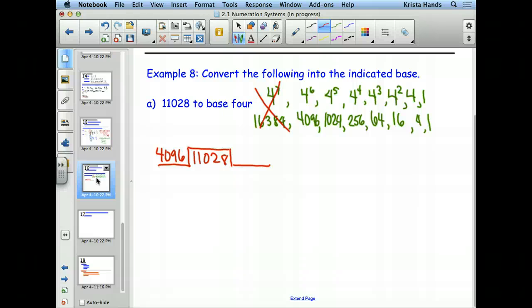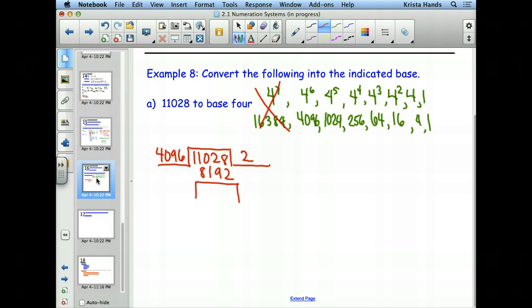Twice. It will go in twice. So we're going to put the number 2 here on the right. Okay. The next thing we're going to do is take that number 2 and multiply by that number 4096, and you're going to tell me what you get. 8,192. Awesome. And then just as with any kind of division, when you do the next step, you subtract, right?